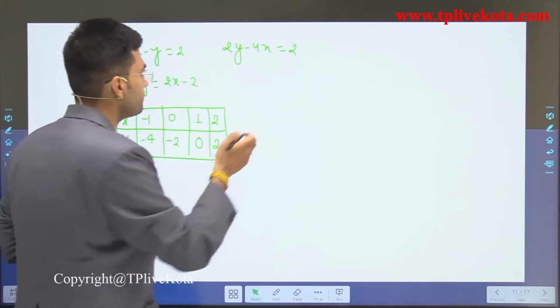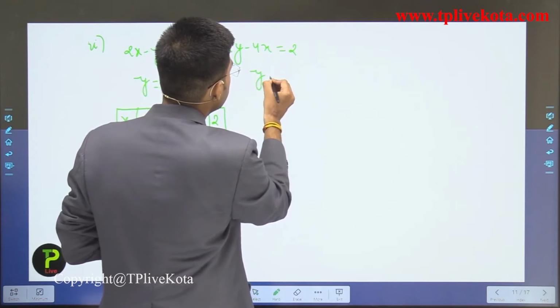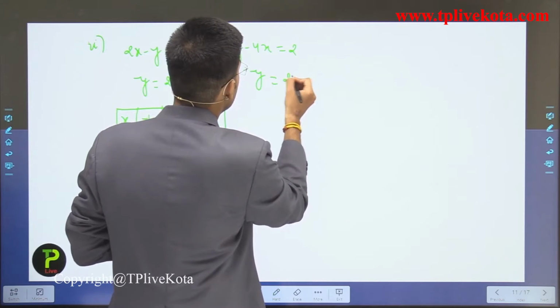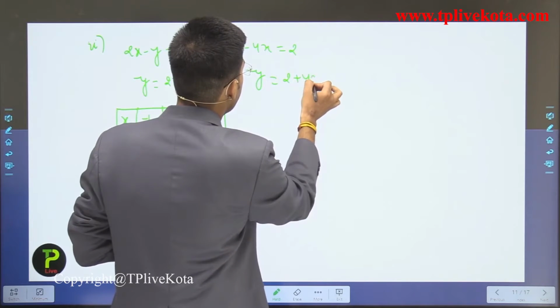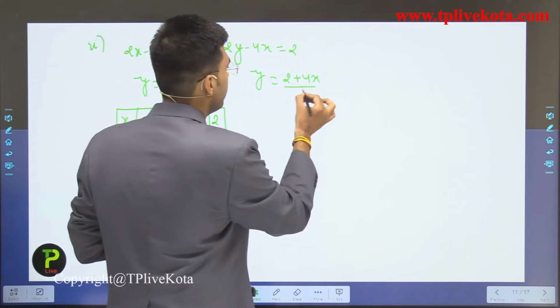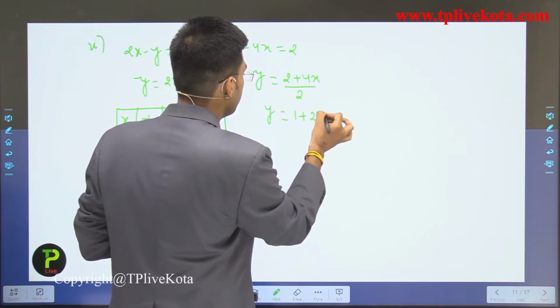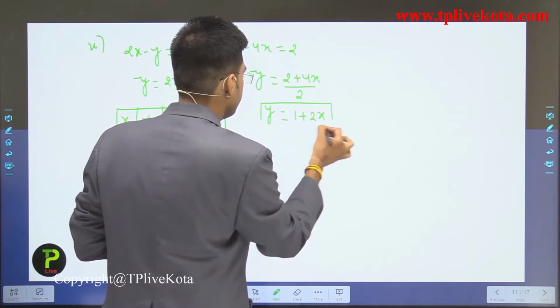Now if we solve this, what will we get? y is equals to 2 plus 4x divided by 2. So we can write y is equal to 1 plus 2x. Clear?